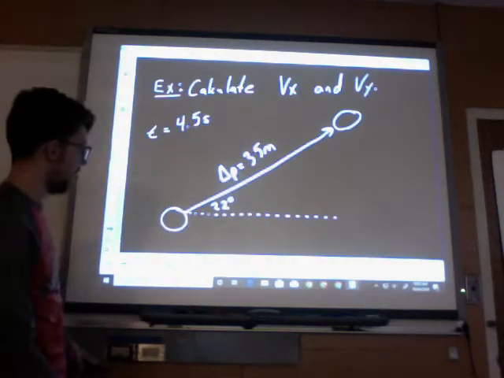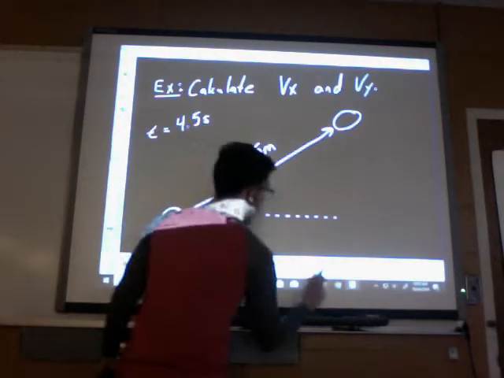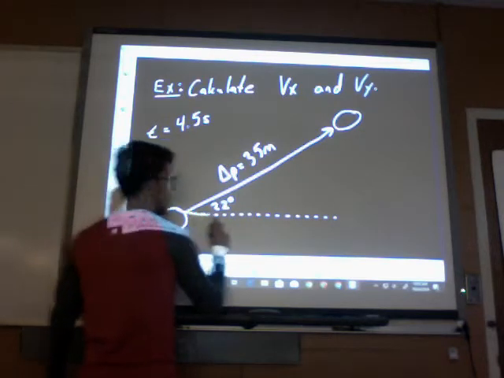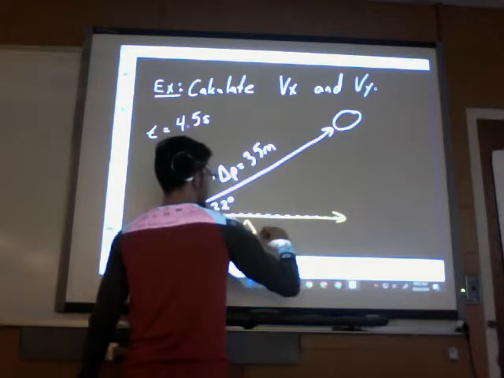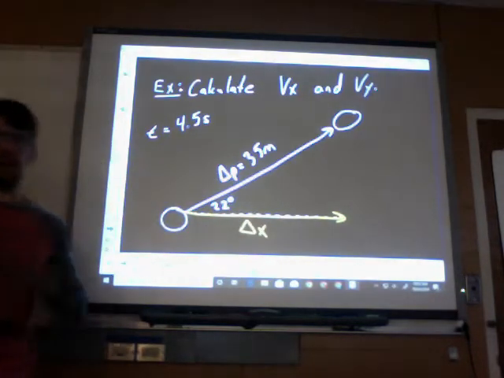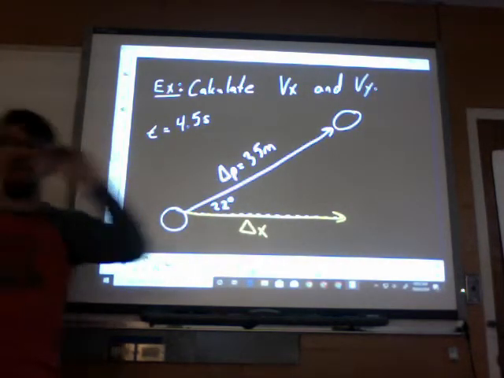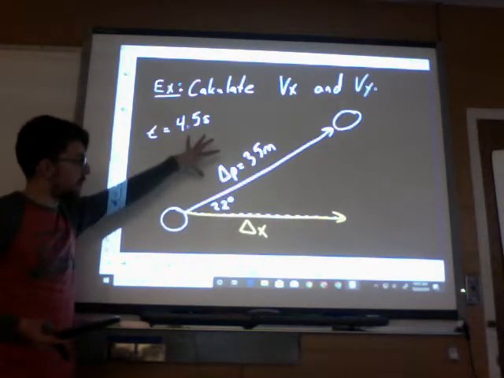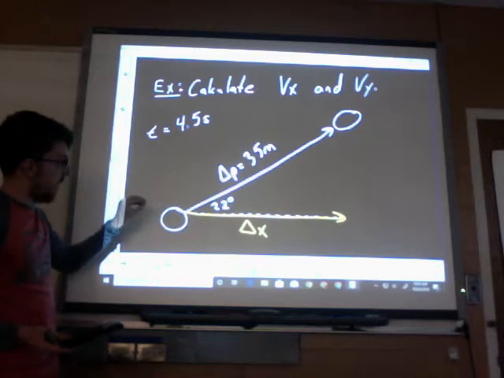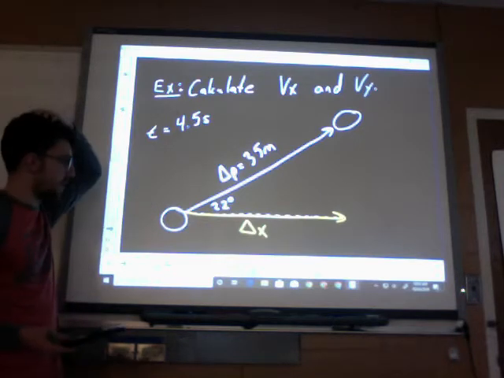So this is what delta X is: how far sideways it goes. X displacement is how far it moves along the X axis, whereas regular displacement is how far it is from start to end.